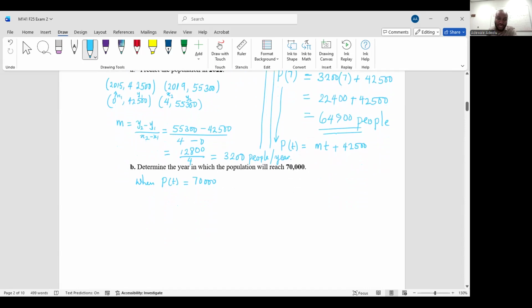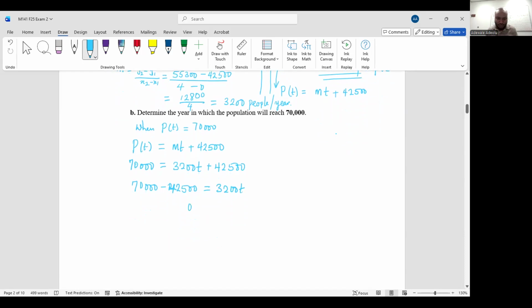So P of t equals mt plus 42,500. We want P of t to be 70,000, which equals 3,200 t, the slope is 3,200 and t is the time we are looking for, plus 42,500. I can do some arithmetic and move things around. So that is 70,000 minus 42,500 equals 3,200 t.